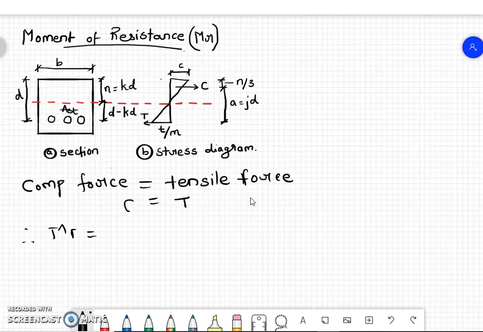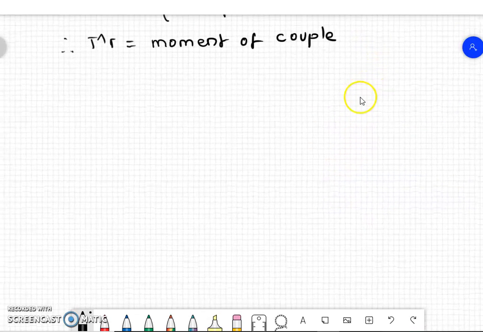So it is basically the moment of couple. We will see what is the total compressive force.